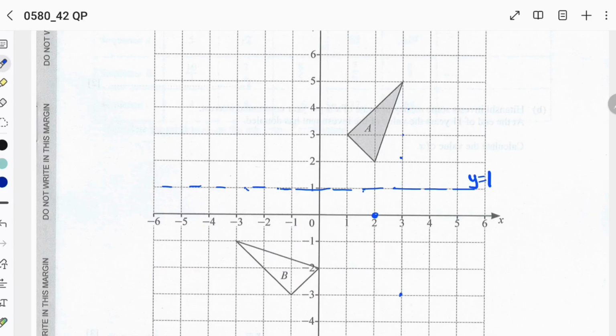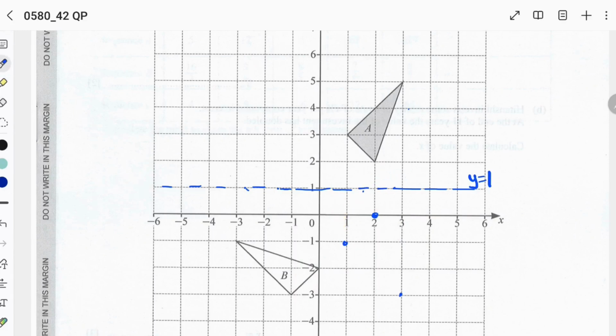The next point is this one. This is 3 comma minus 3. Now we are looking at the last point, 1 2, 1 2. It's there. I'm just looking at the same distance, same distance, same distance, because it's a question of reflection. That should be the same mirror image over there.